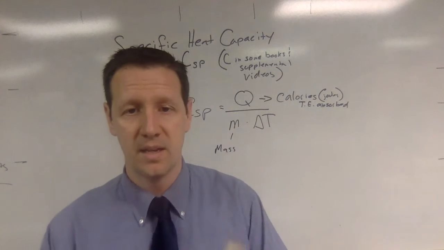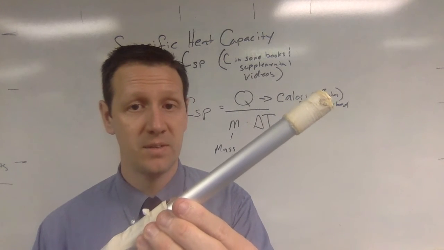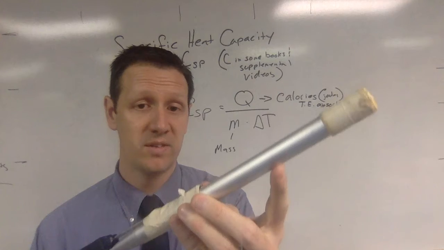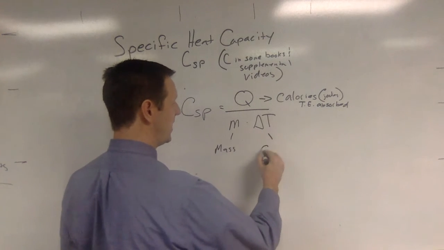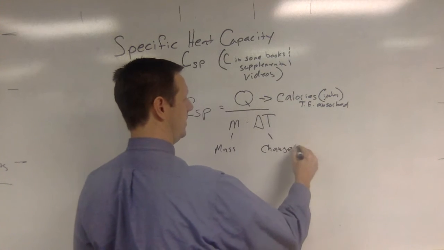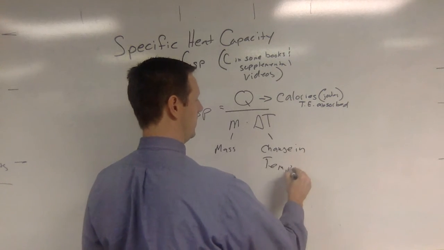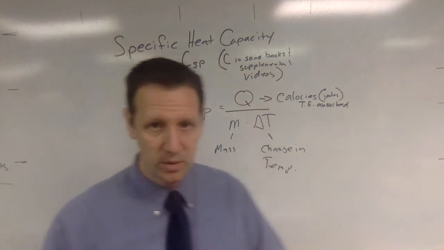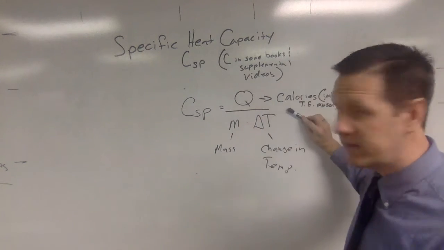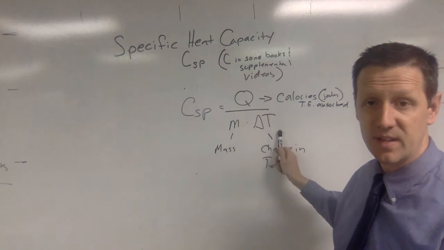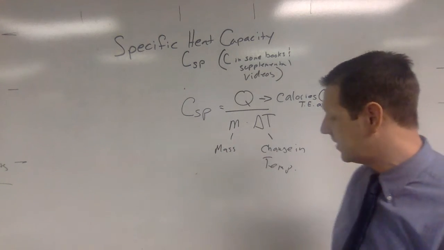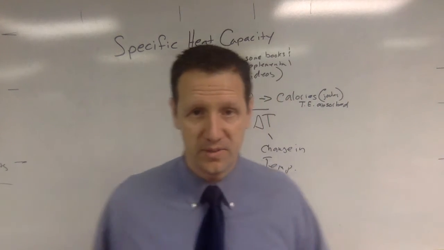You would take the object that you're trying to measure the CSP of, and put it on a scale, get its mass. And then delta T, that's the change in temperature. If we know the number of calories that the object absorbs, the mass of the object, and the temperature change of the object, we can figure out its specific heat capacity.